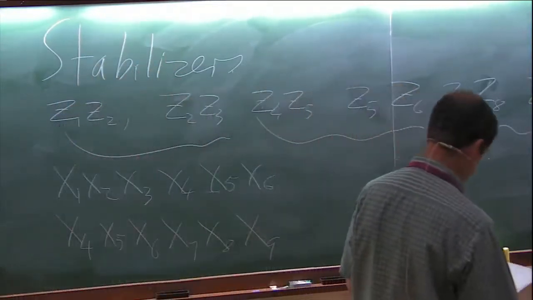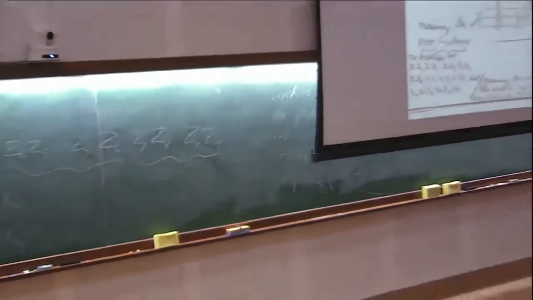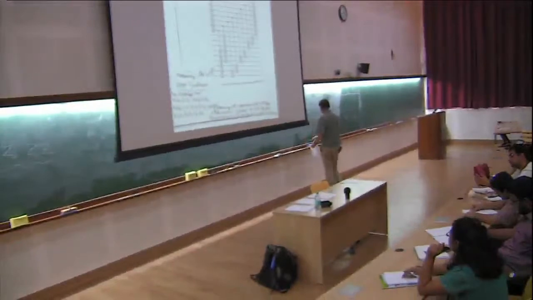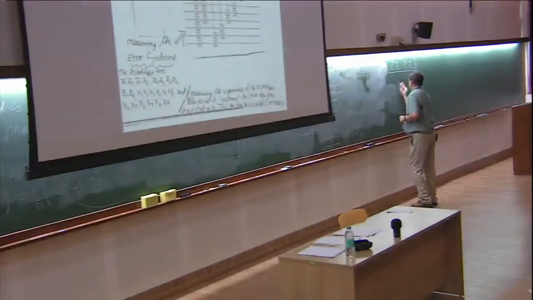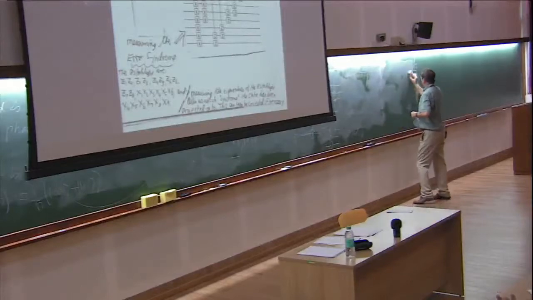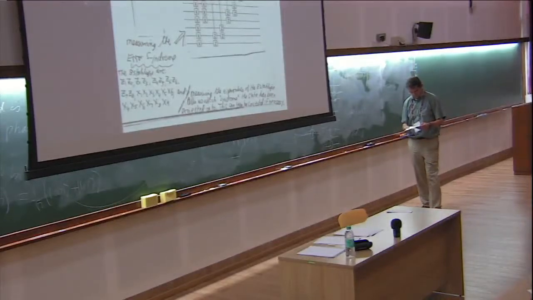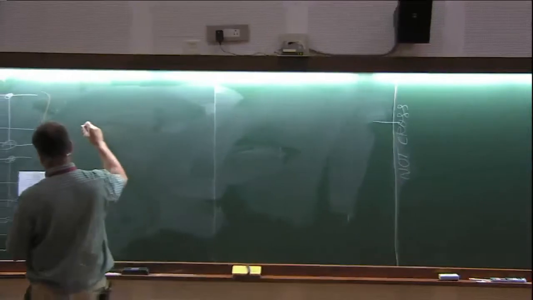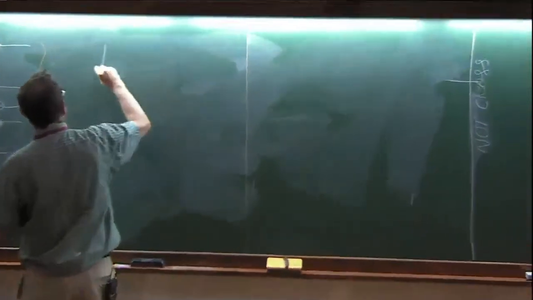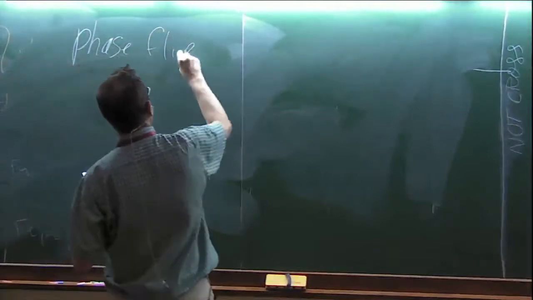Now, so let's see. We'll maybe just do a couple of examples. Okay. So supposing then there is a phase flip on the first qubit, Z1.